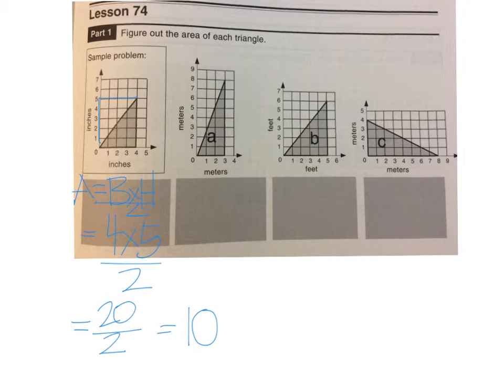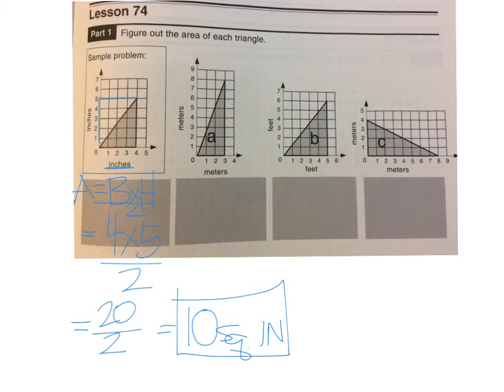And you know that because we're doing area, it has to be squares. That's your clue: because it's on the coordinate system and we're doing area, we know that it has to be square. And they've given us the unit here, inches. Okay, that's your full answer right there.